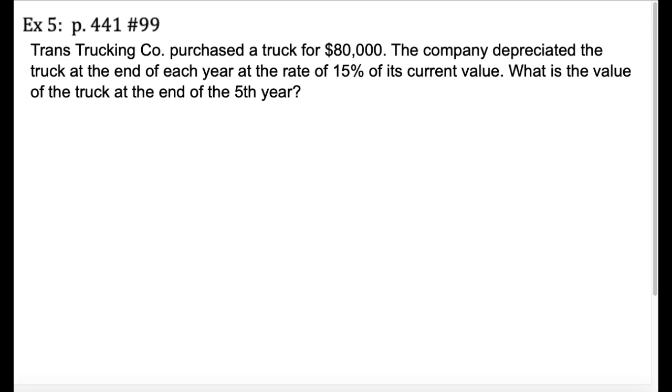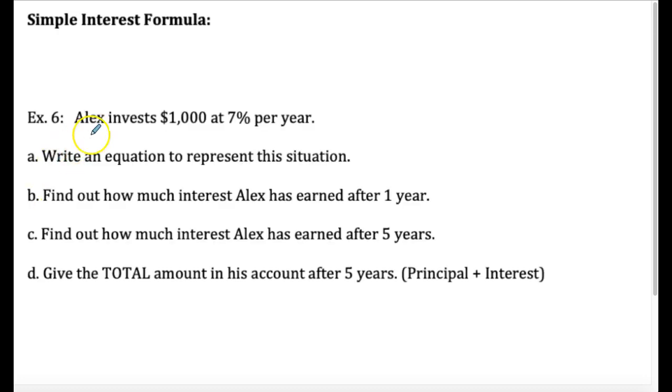We're actually going to skip this example here. It says we're going to do page 441, number 99, but we're going to skip that example and just go into our interest formulas. Simple interest is the idea that interest is charged just on the amount borrowed.